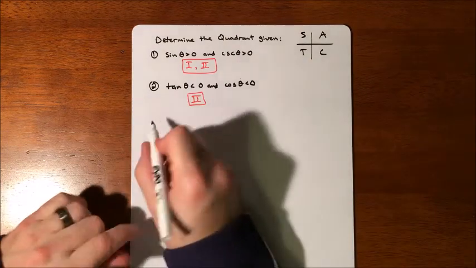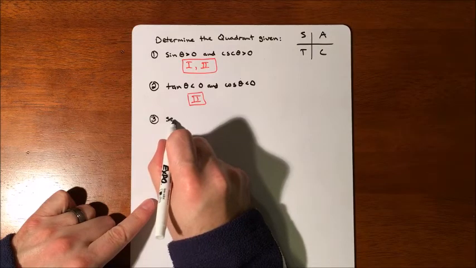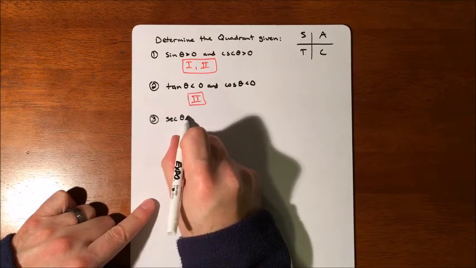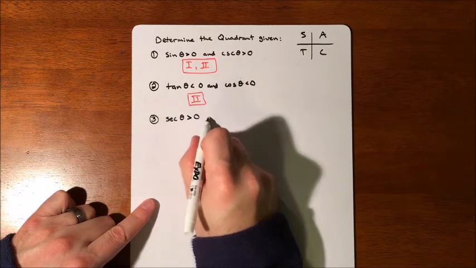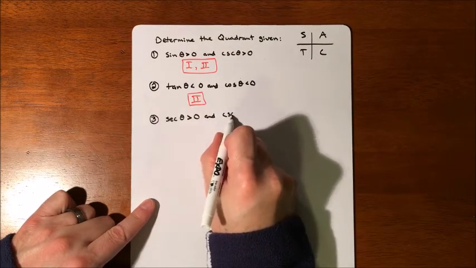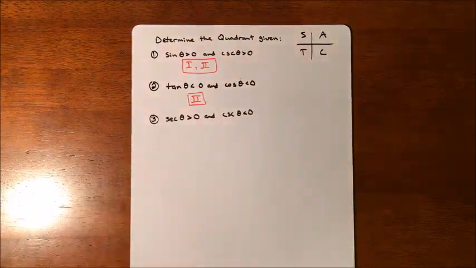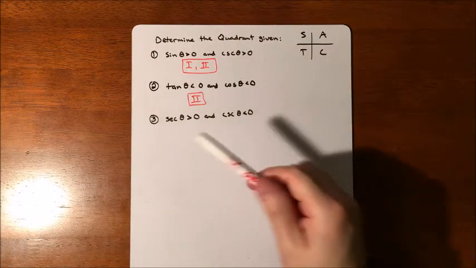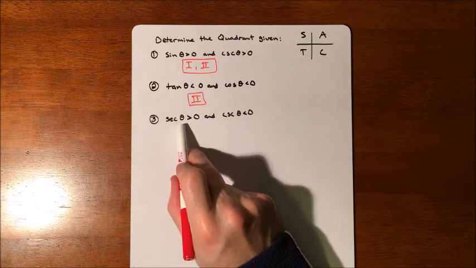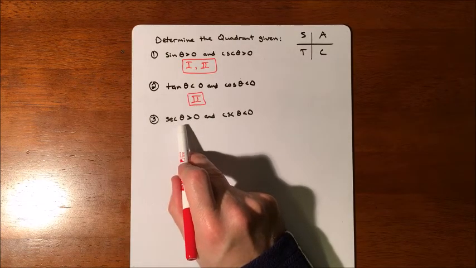And let's do one more. So what if you have secant of an angle is greater than 0 and cosecant of an angle is less than 0. So how do we deal with that? Secant is greater than 0, which really is the same idea that cosine is greater than 0.